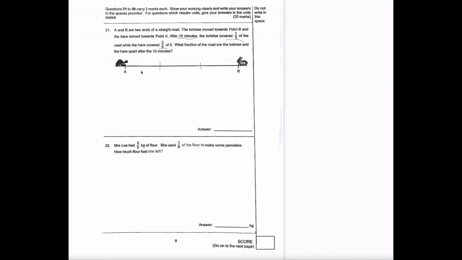And I want to make sure I can draw it on this line, so I'm going to make them the same denominator. Times 5, times 5, and the other one I have to times 3. So I need to divide them into 15 parts.